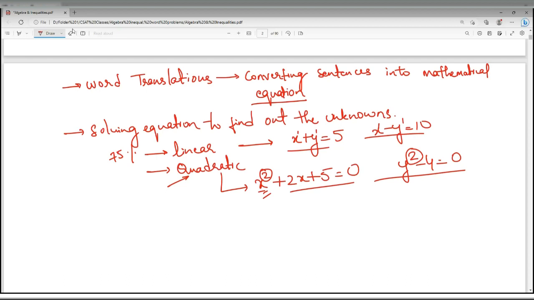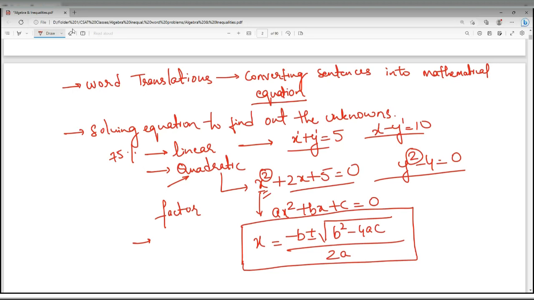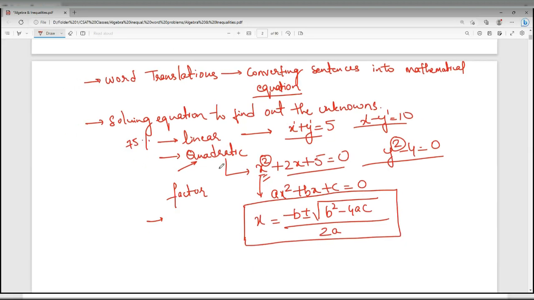In the quadratic equation, you can use the factor method, or you can use a formula for the roots of the equation. For example, if the equation is ax square plus bx plus c is equal to 0, then x is given by minus b plus or minus root of b square minus 4ac, by 2a. You can use the factor method also, or you can use the formula directly.